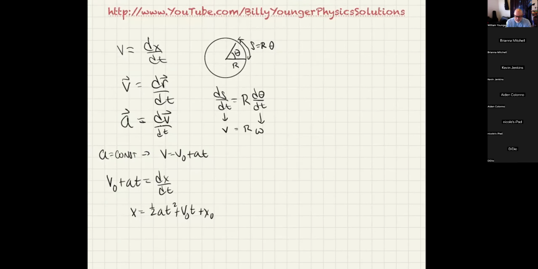Now you can take dv dt is equal to r d omega over dt, and you're now going to get acceleration is equal to r times alpha. So in fact, we now got some new terms. Basically, you can call omega the angular velocity.